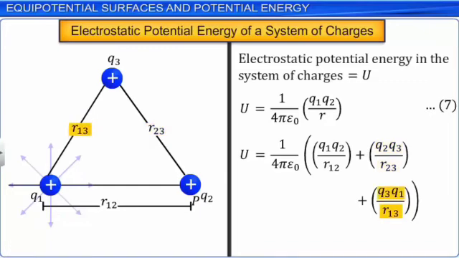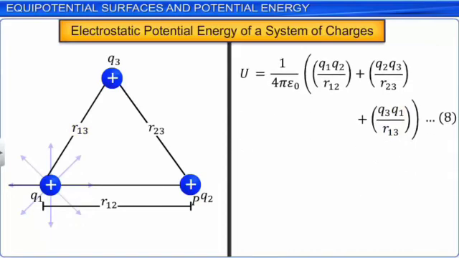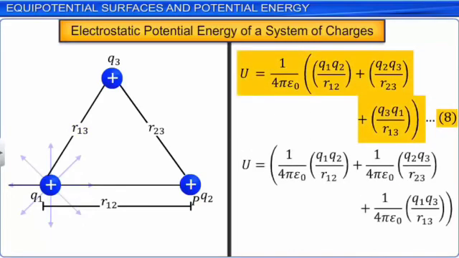Equation 8 can be expressed as U equals 1 by 4 pi epsilon naught into Q1 Q2 by R12 plus 1 by 4 pi epsilon naught into Q2 Q3 by R23 plus 1 by 4 pi epsilon naught into Q1 Q3 by R13.